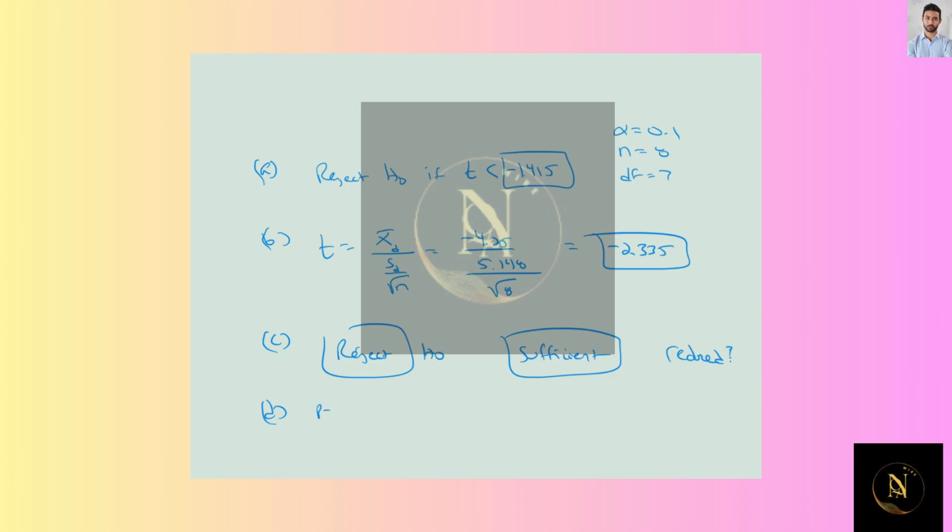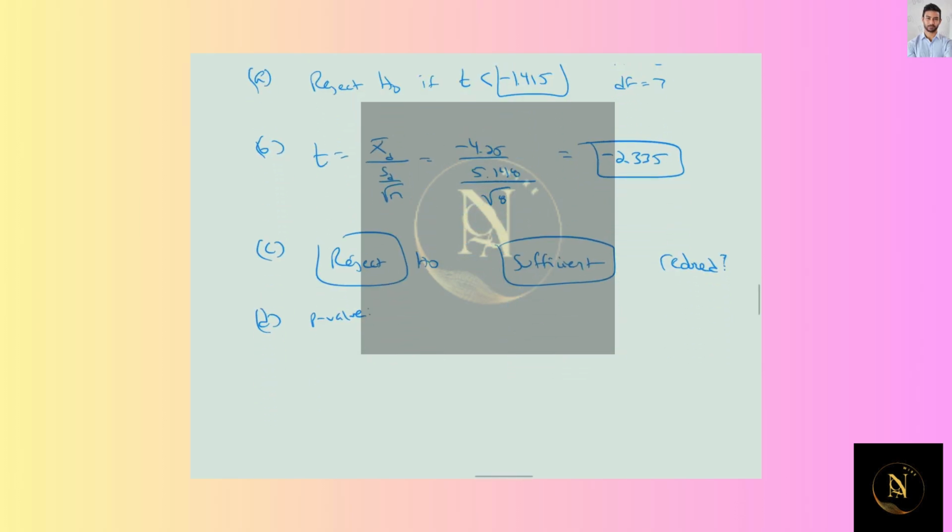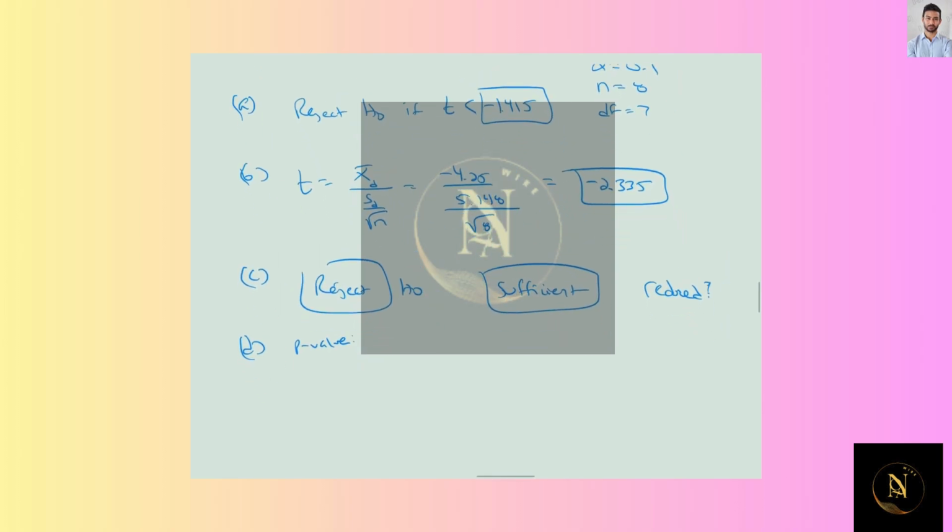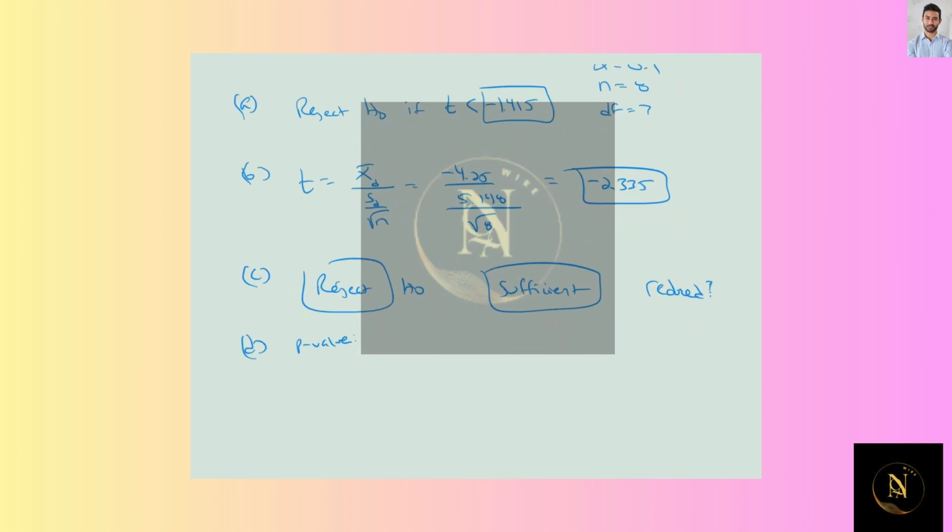The p-value to 4 places using either the T distribution table or there's a lot of p-value calculators out there, but you want to do this from a t-score of negative 2.335 with 7 degrees of freedom.